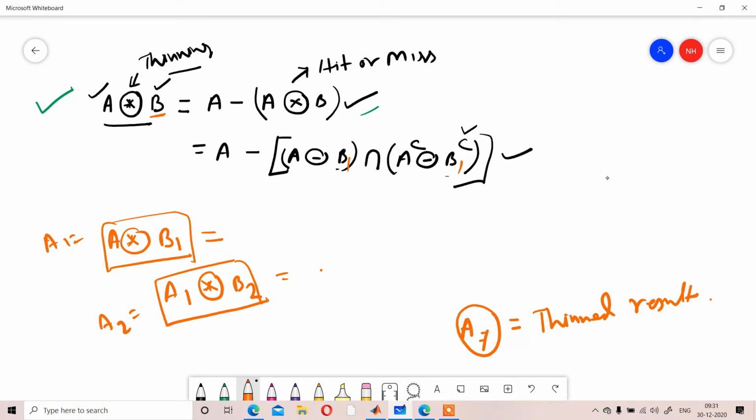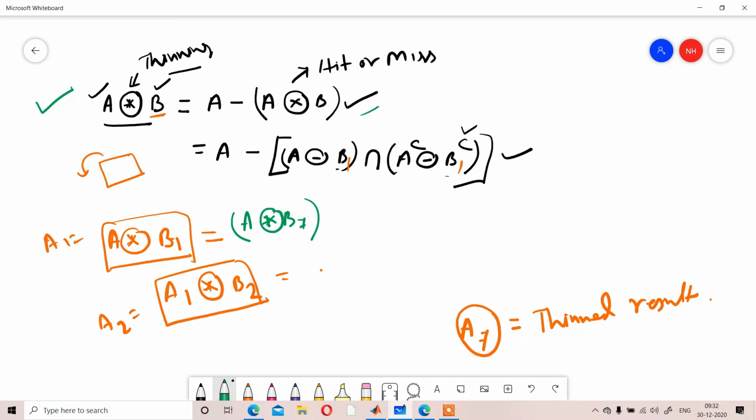Sorry, A1, A2 up to A7 we have calculated considering the clockwise direction. Now, if we consider the anti-clockwise direction, that A1 will be A thinning B7, clear or not?